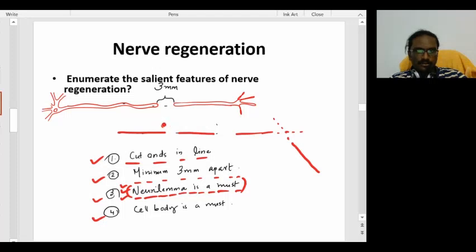Coming to point number 2, the spacing between these two cuts should be 3 millimeters at the most. That means if it is more than 3 millimeters, the chances of the nerve to regenerate will diminish.